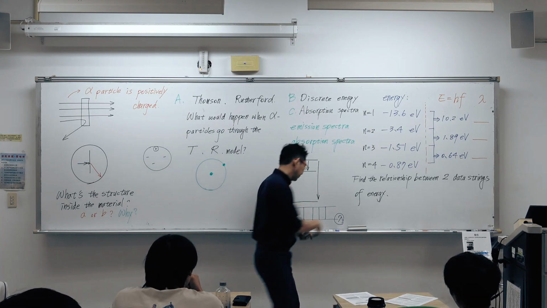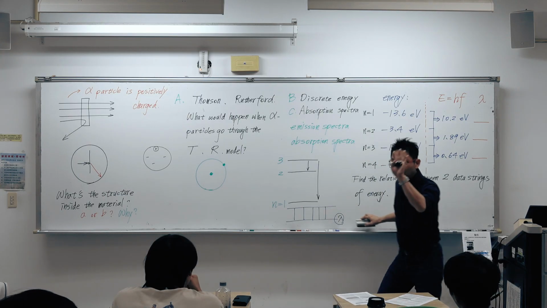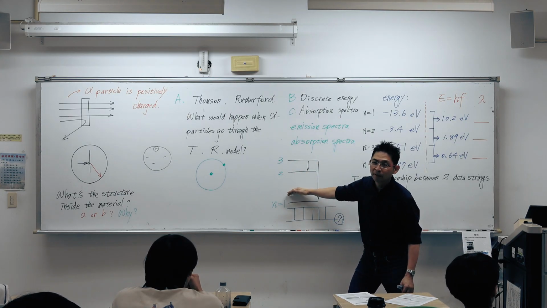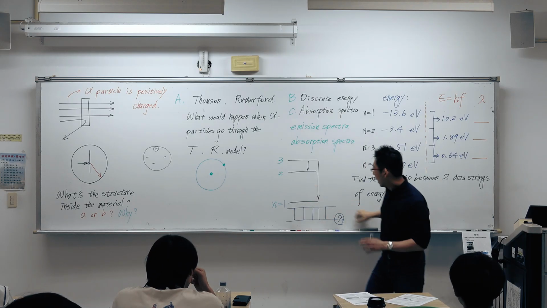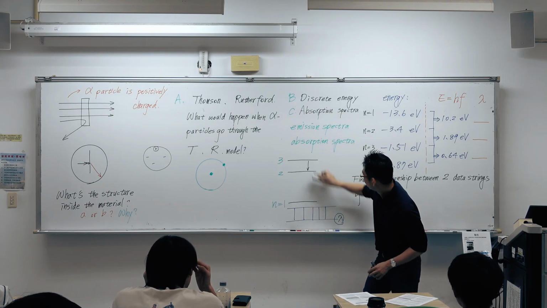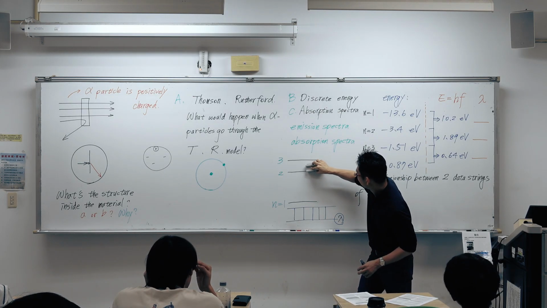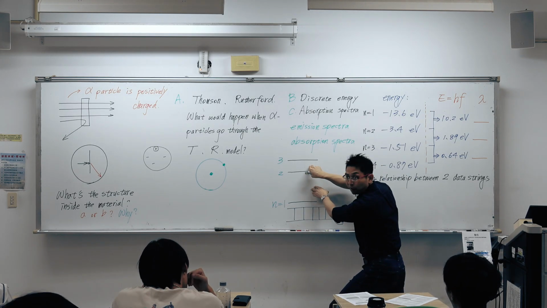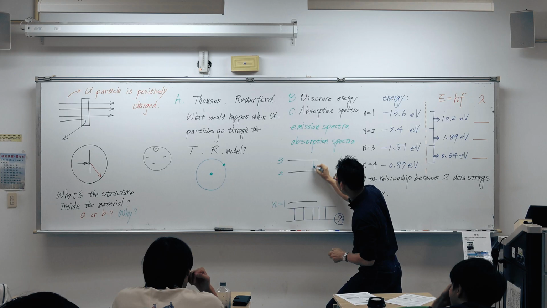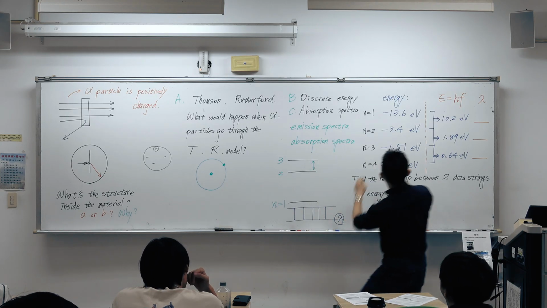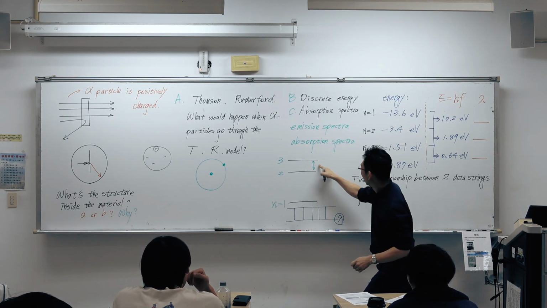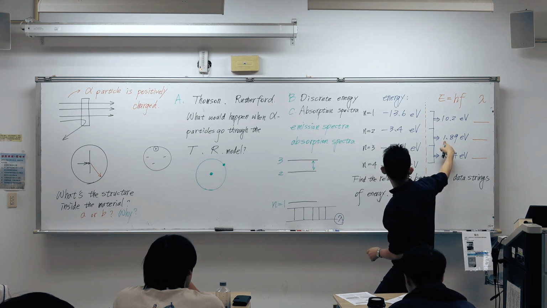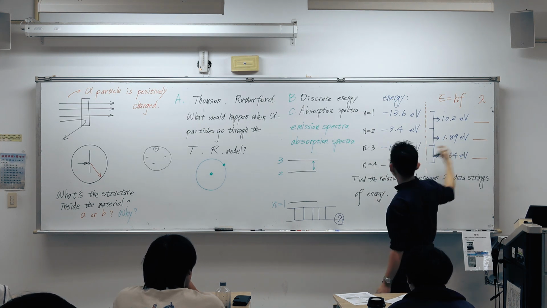For example, for the first one, we just provide the most simple diagram, just like this. Or should I put this kind of diagram and tell them that the energy difference of these two is 1.89, right?